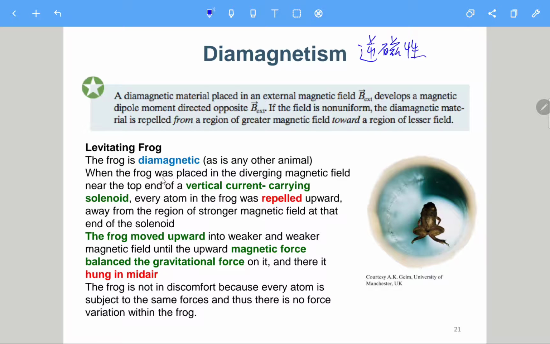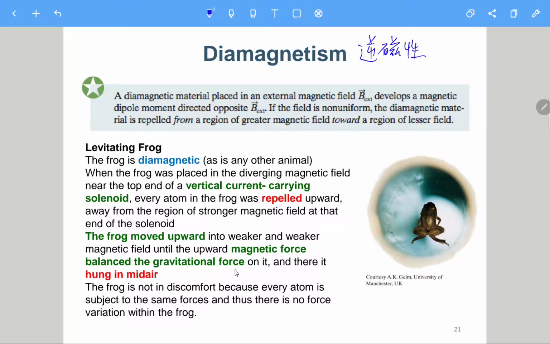When the frog was placed in the diverging magnetic field near the top end of a vertical current-carrying solenoid, every atom in the frog was repelled upward, away from the stronger magnetic field at that end of the solenoid. So the frog moved upward into weaker and weaker magnetic field until the upward magnetic force balanced the gravitational force on it, and there it hung in mid-air.